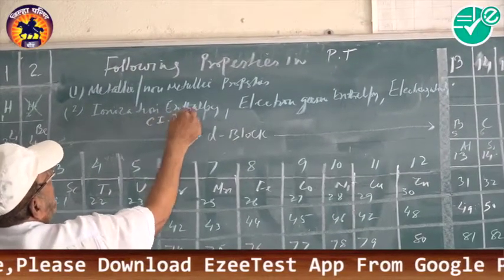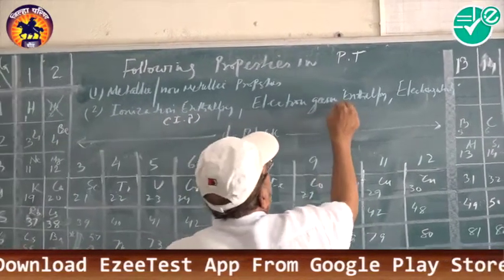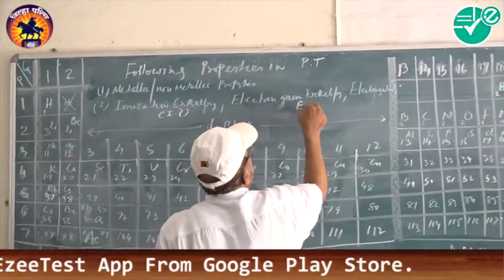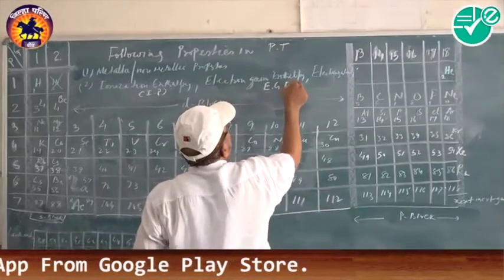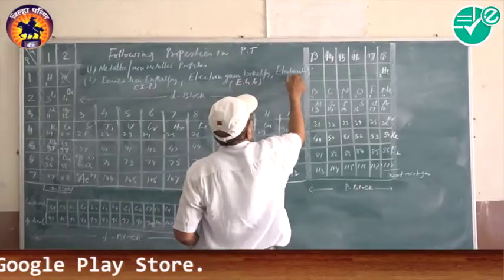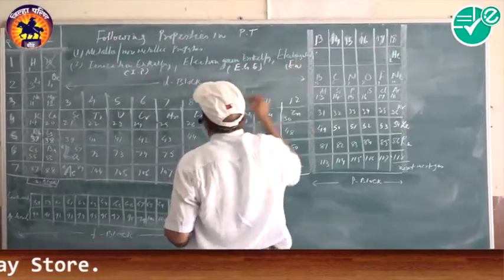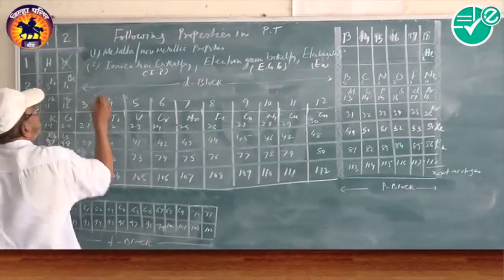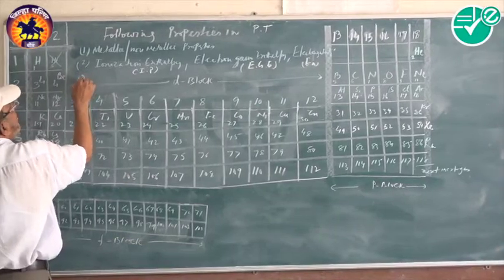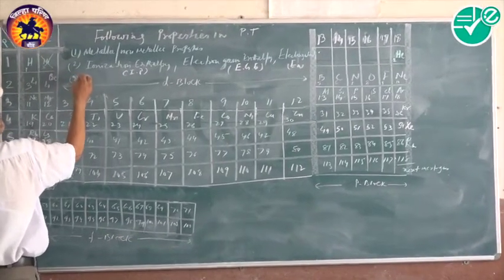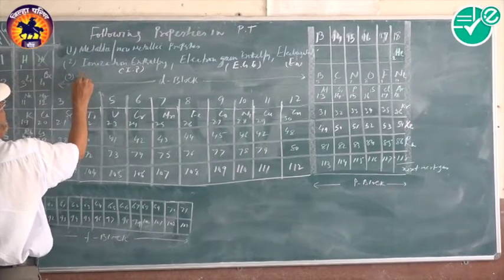IP, electron gain enthalpy and electronegativity. And last one, valency.